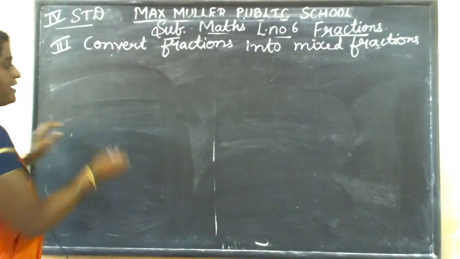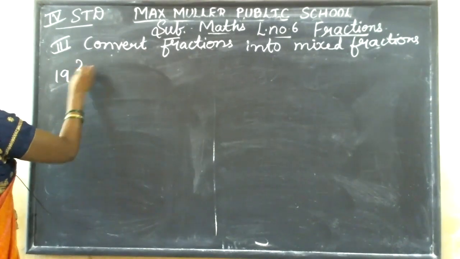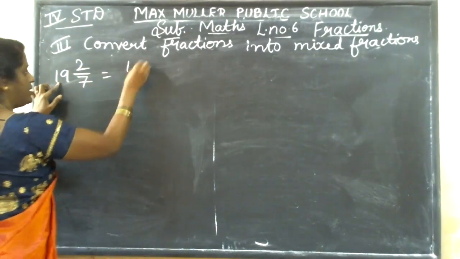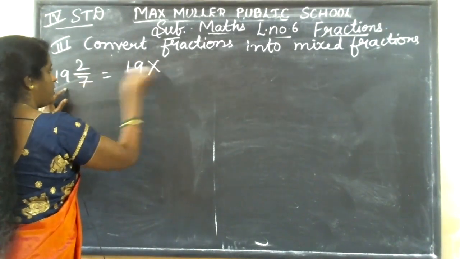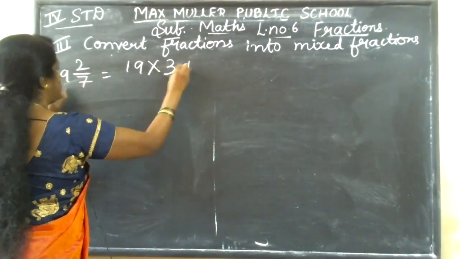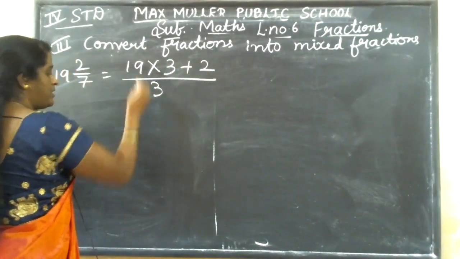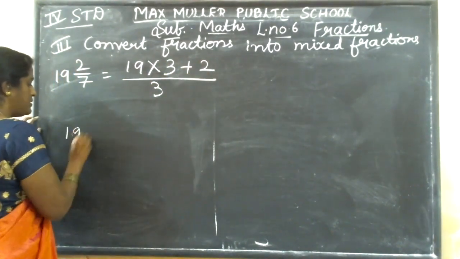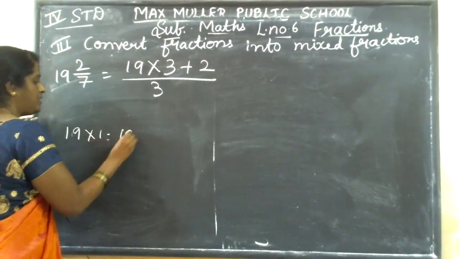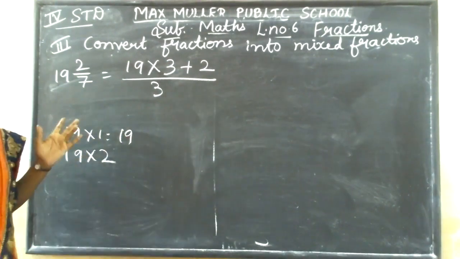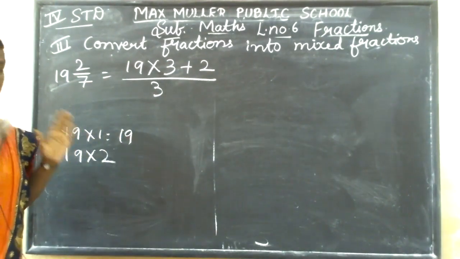Next is 19, 2 by 7. I'll do it here only. See, 19 into denominator plus 2. The denominator will be the same. You can't learn 19 tables by heart; I know you will learn by heart up to 12.